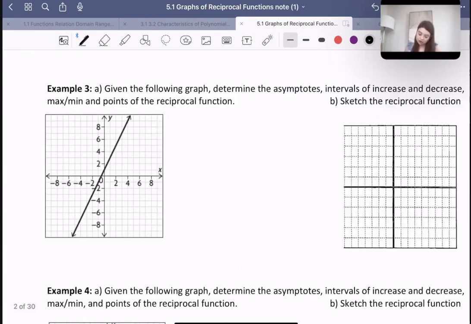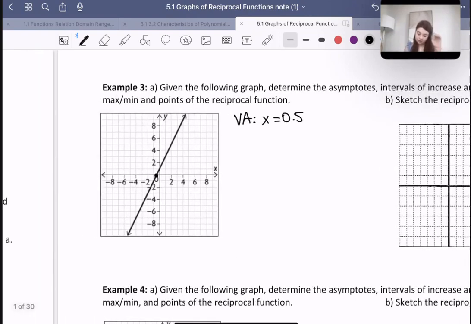So I see an x-intercept right here at negative 0.5, and so that means that there will be a vertical asymptote at x equals negative 0.5 for our reciprocal function. Okay, and that's the only one I see, so we can move on to the next thing.